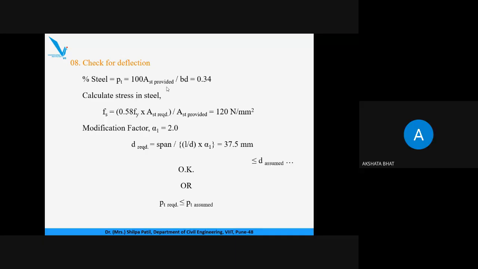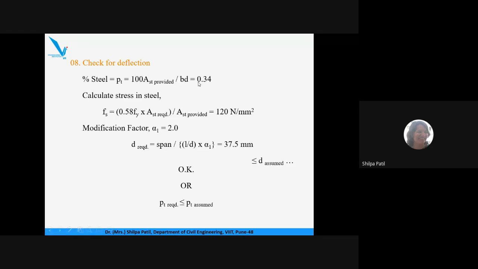Yes, ma'am, 0.34. And what is our assumed value? 0.35. Correct. So the percentage steel provided is coming as 0.34 and our assumed value is 0.35. So whatever design we have done is safe and correct.